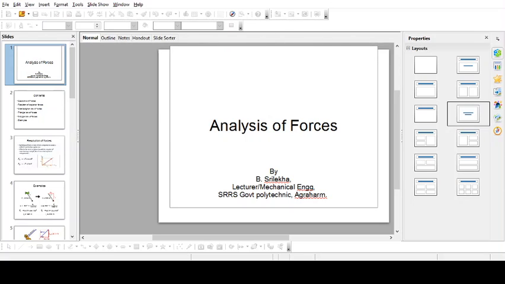According to this parallelogram law, if P and Q are the two adjacent sides, then the diagonal OC is nothing but the resultant.